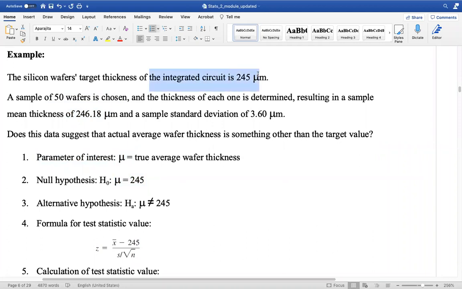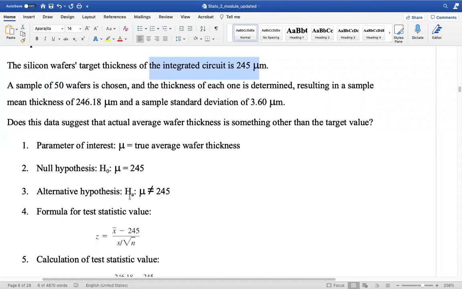We have to suggest that my population mean is not equal to 245. This is the not equal to 245 that we need to consider, because the mean is 245, right? So the population mean is 245. That is the null hypothesis, and the alternate hypothesis is that it is not equal to 245, right?